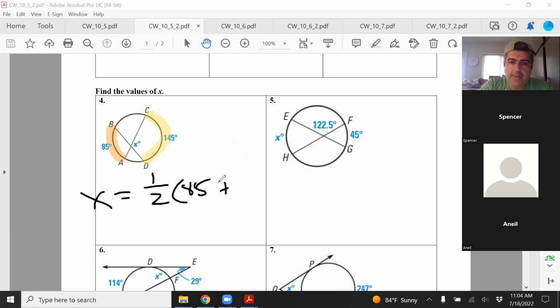So we talked about when you have an angle formed by 2 chords, the 2 arcs that are intercepted by the angle and its vertical angle, x will be half of the sum. So that's 230. Half of 230, of course, is 115.